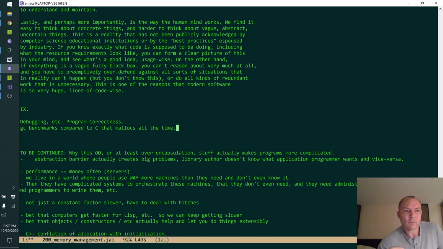Where if the vast majority of your allocations are temporary storage, then you're faster than a GC automatically, right? So I basically want to say, well, if we actually care about the programmer experience, we can build in a lot of safeguards that tell you when you accidentally free things, or things don't belong to the right heap or whatever.